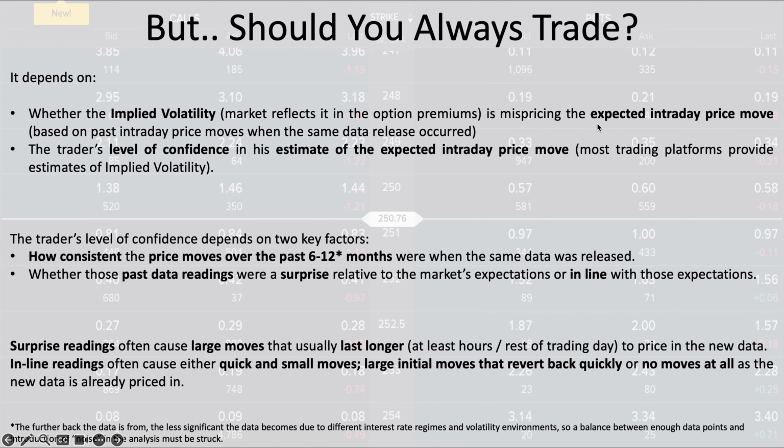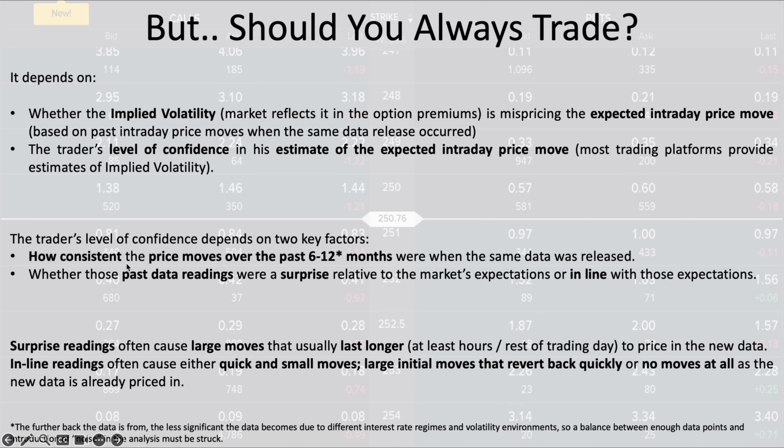Because you as a trader may be more confident that the same price move as in the past will happen, or that something different will happen. And so you have to keep in mind that this is also a matter of judgment. It's not only about data, because implied volatility is provided by most trading platforms, but it also depends on your judgment of how big the expected price move will be relative to the implied volatility. Now, how much confidence will you have?